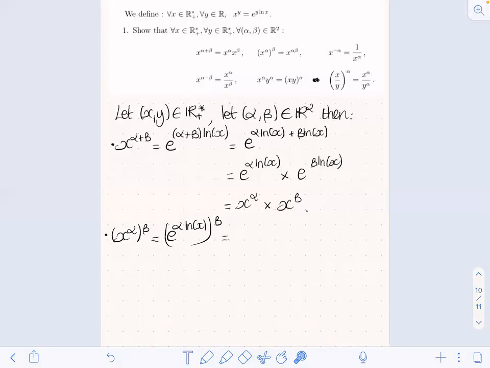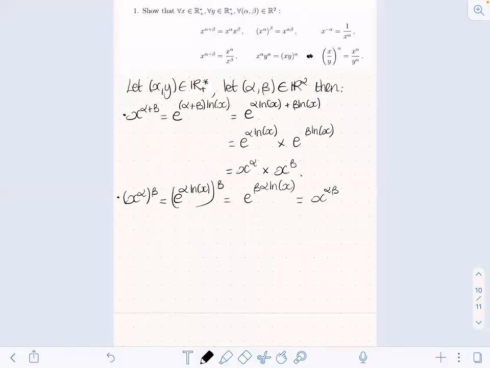We have e to the beta times alpha ln of x. Exactly. So we bring beta into the exponential and we reach the definition of x to the power alpha times beta. I think we'll do one last one of these, and the 3 others you can do at home because the method's always the same.